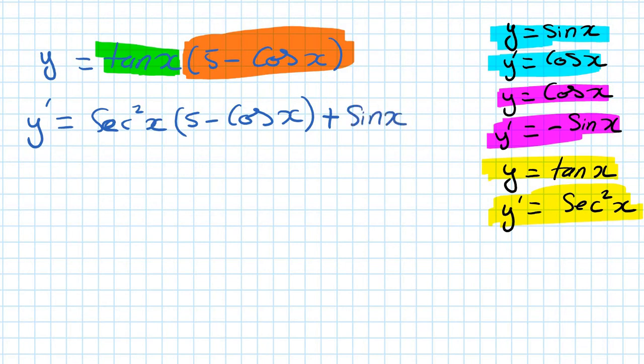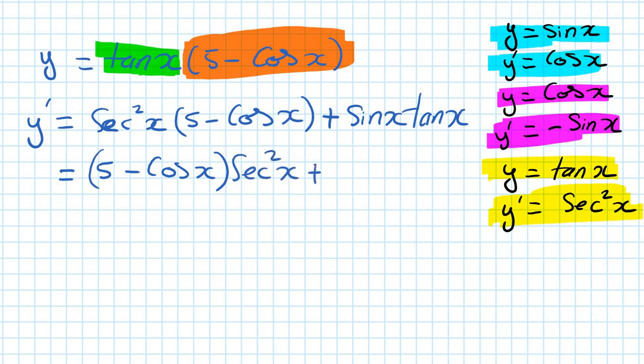And then you times the first, don't forget, so 10x, that's the answer. I normally write this in front, it looks easier to read, so 5 minus cos x sec squared of x plus sine x times 10x. That's all.